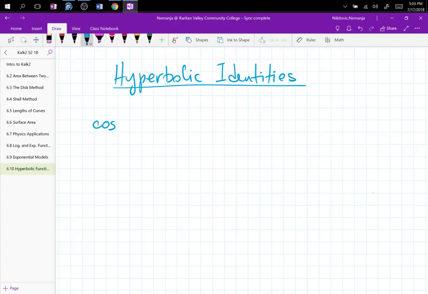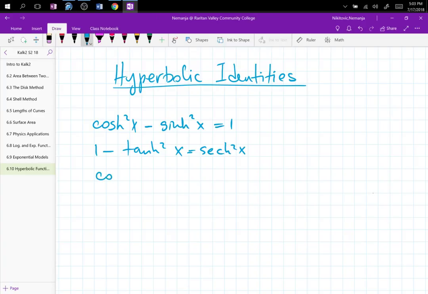Cosine hyperbolic squared x minus sine hyperbolic squared x is equal to 1. For trig, that's sine squared plus cosine squared, right? Then we have 1 minus tangent hyperbolic squared x is equal to secant hyperbolic squared x. And finally, cotangent hyperbolic squared x minus 1 is cosecant hyperbolic squared x.